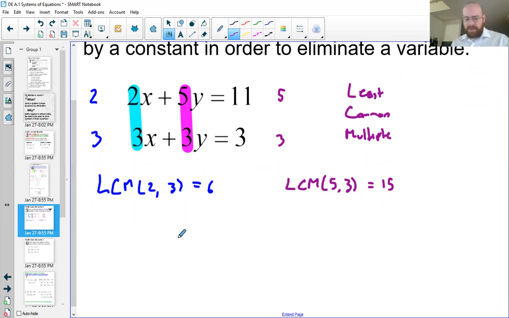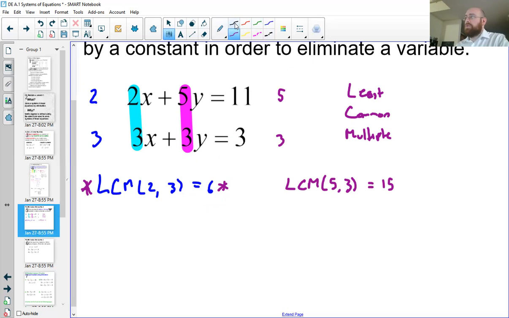I like to keep, and I encourage others to keep their numbers small whenever possible. So when I have an option between 6 or 15, I'm going to go with 6 because that will allow me to keep my numbers smaller, and so the computations will be easier.